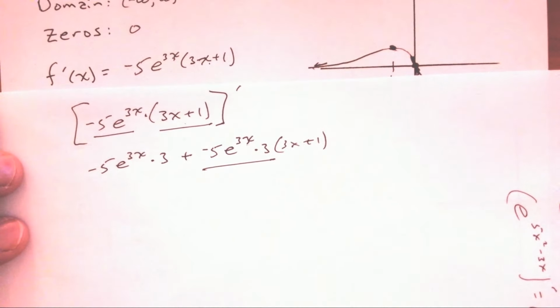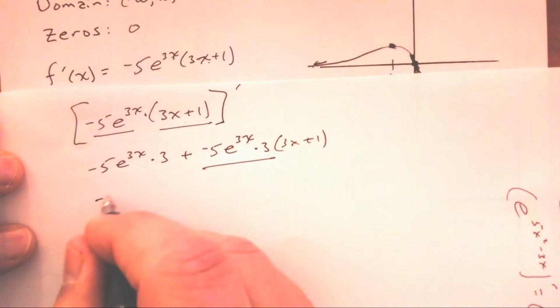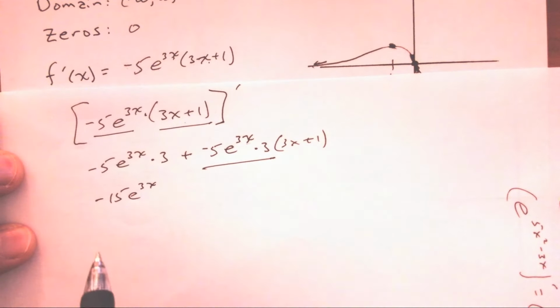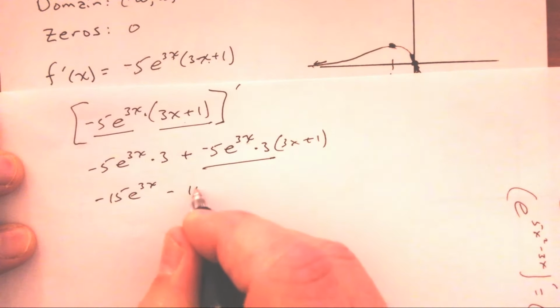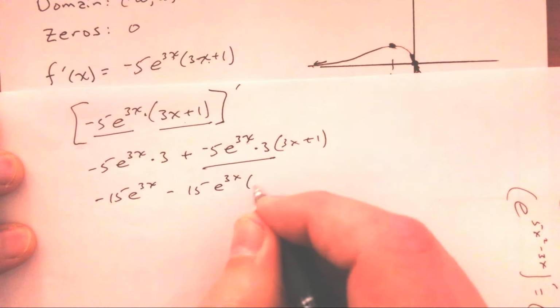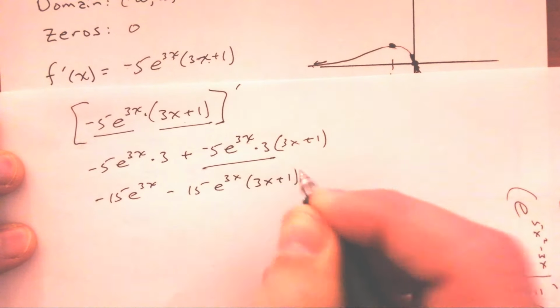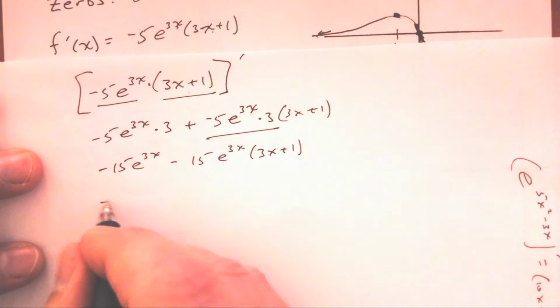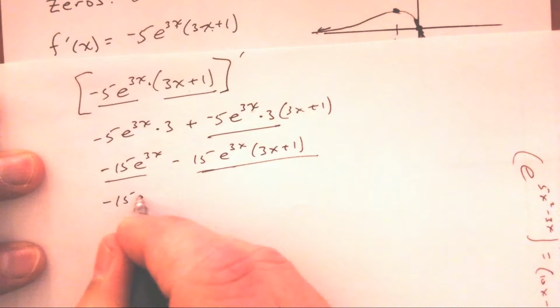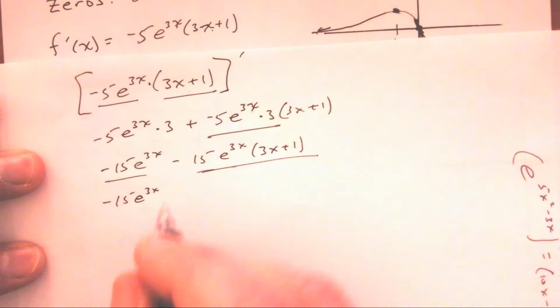Now we got some cleaning up to do here. Let's see. I get negative 15 e to the 3x, minus 15 e to the 3x. Well, that's convenient. Times 3x plus 1. Let's factor. I can factor a negative 15 out of both terms. I can factor an e to the 3x out of both terms.